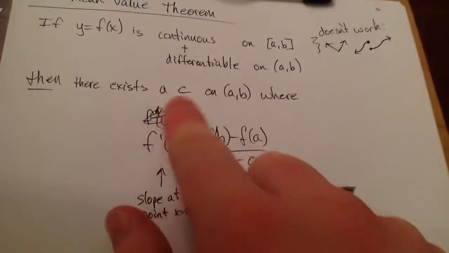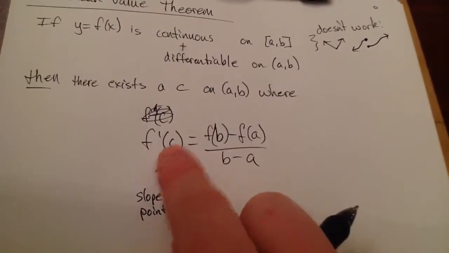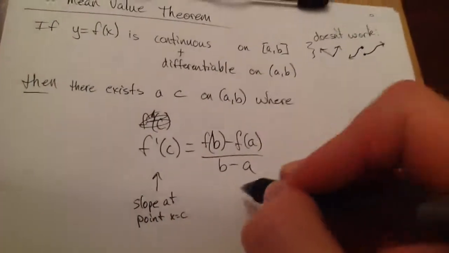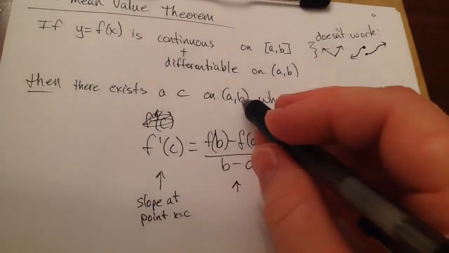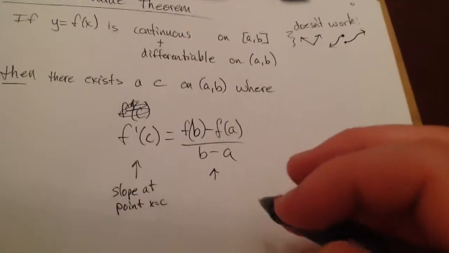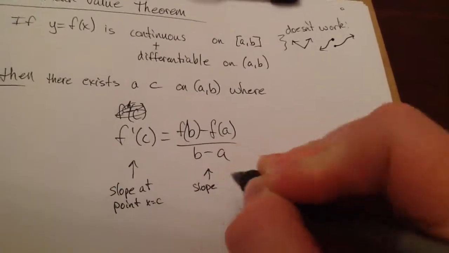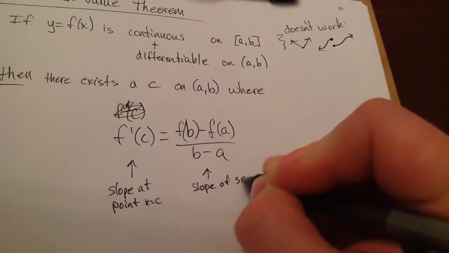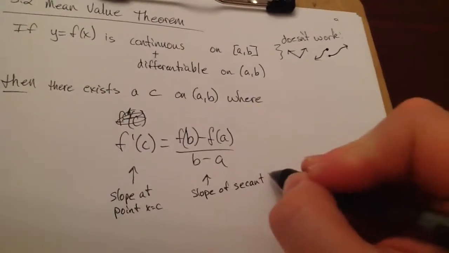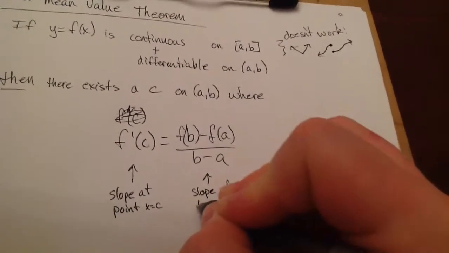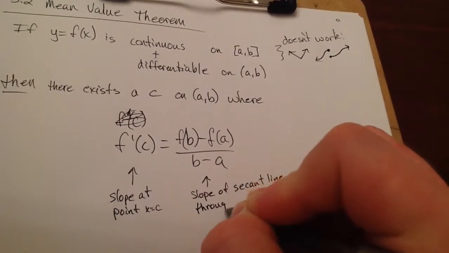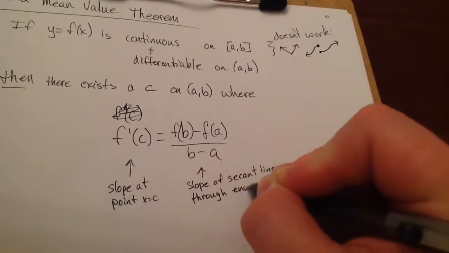So there exists a point where the slope at that point will be equal to, and a and b are the endpoints, right? So that's like the slope of a secant line through a and b. Or we'll just say through endpoints.